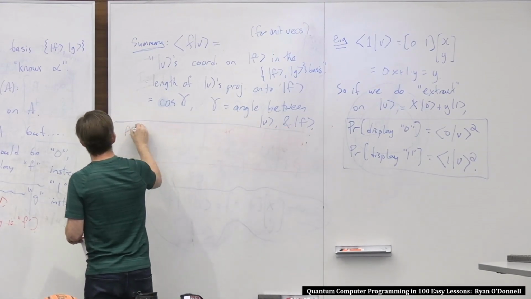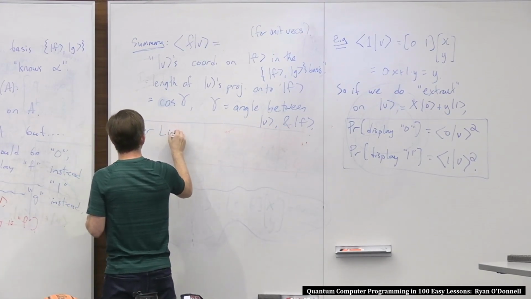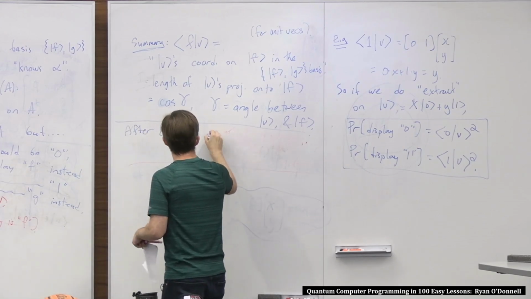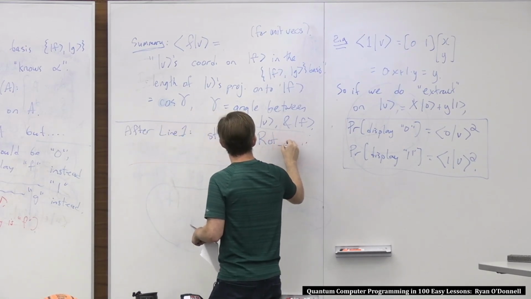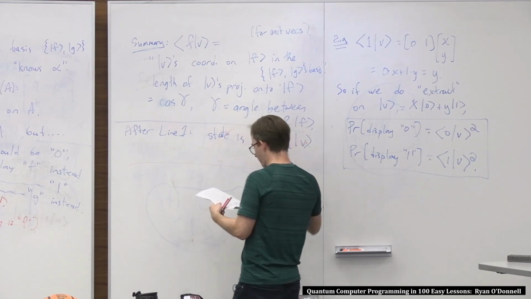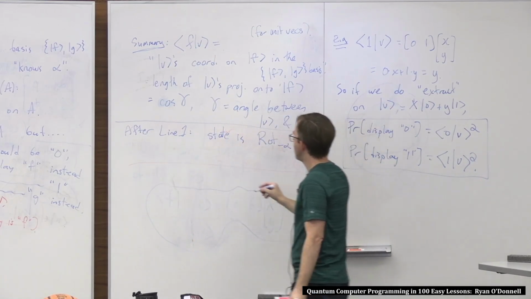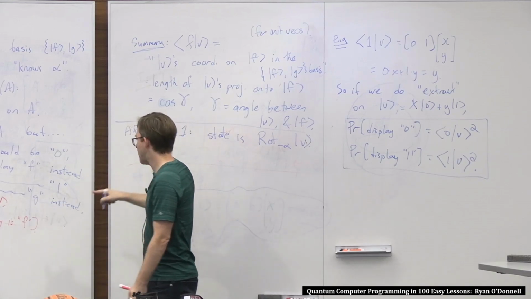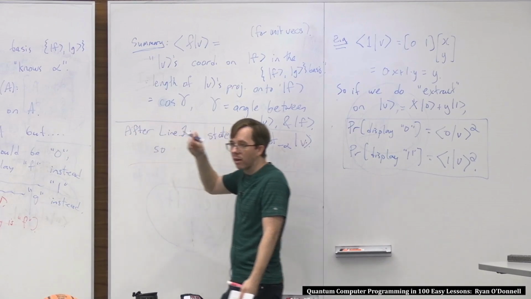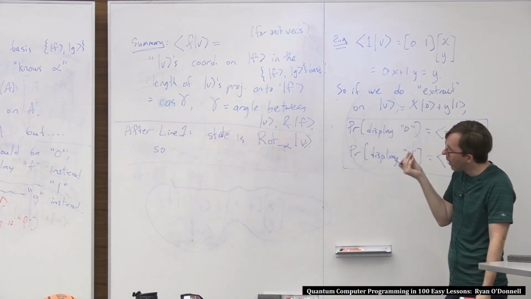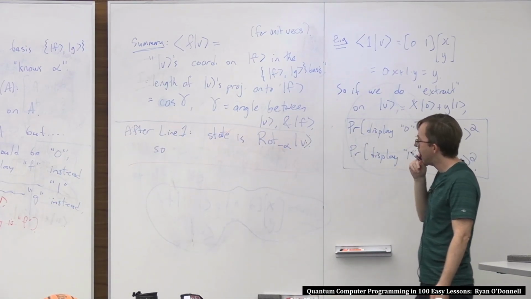Okay, so after line 1, the state is the rotation by negative alpha of V. So what is the probability that the display is F? Well, it's the square of the amplitude on 0. It's the square of the 0th coordinate.